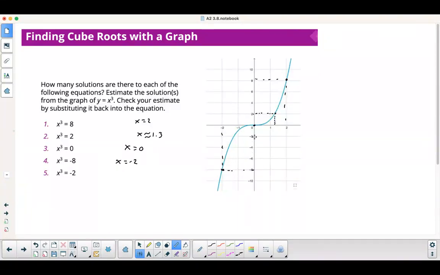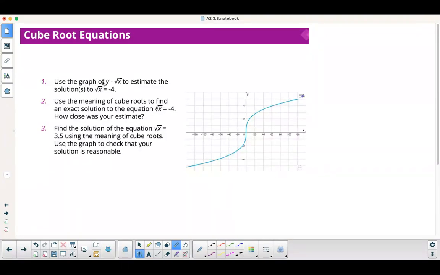And then x cubed equals -2. It's the same thing. Looks like it's -1.3. I should have said approximately. Let me erase that, because I don't really know. I'm just guessing. I don't know if it's -1.3 or -1.35.